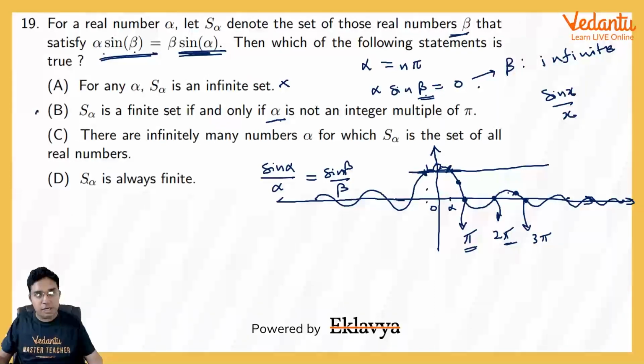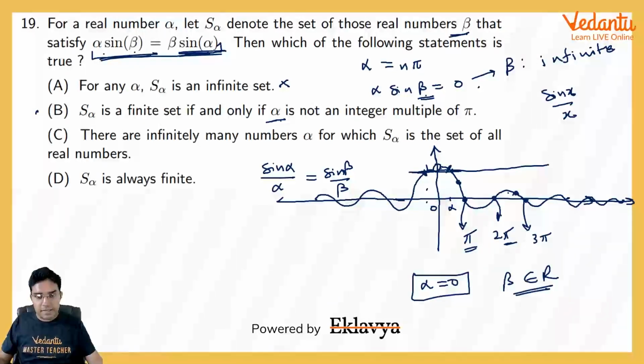Let me first check the other options also. C says there are infinitely many values of alpha for which S alpha is the set of all real numbers. If I take alpha to be 0, you can check in this relation that beta can be any real number.